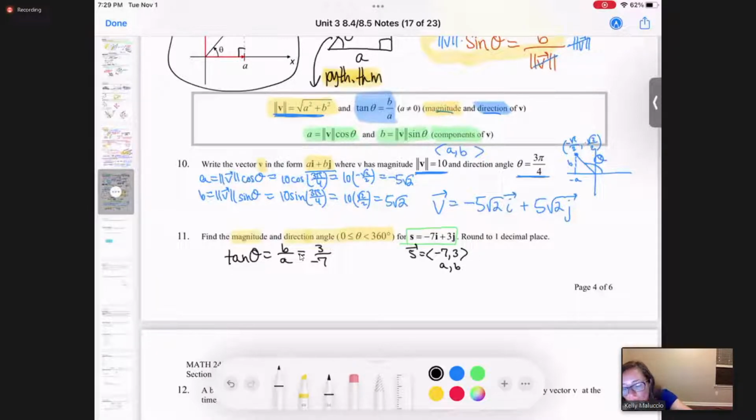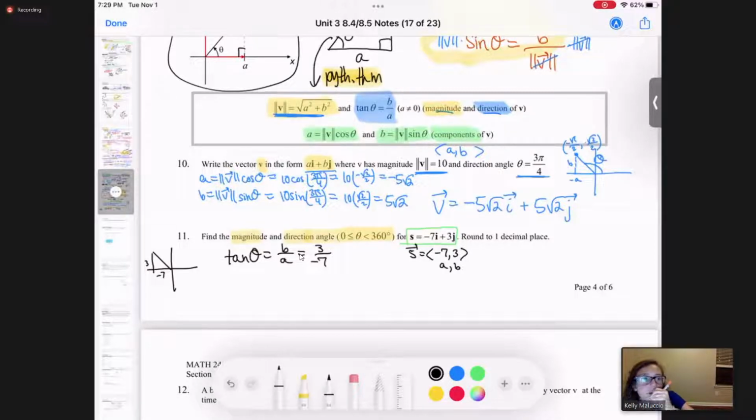Before I fully solve for theta, we also know that A is negative and B is positive. So that means the triangle is somewhere over here, where this is negative 7 and this is positive 3.